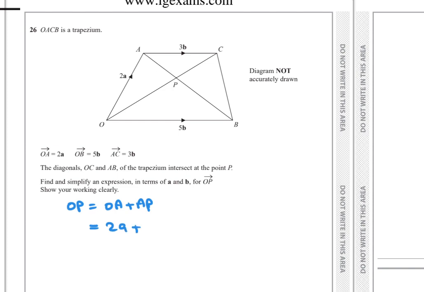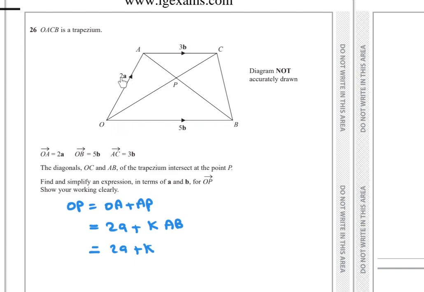AP is part of AB, not the whole one, so we can say this part is k times AB. So equals 2a plus k times AB. For AB, AB is AO plus OB.